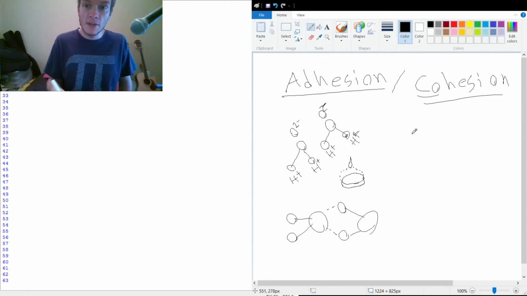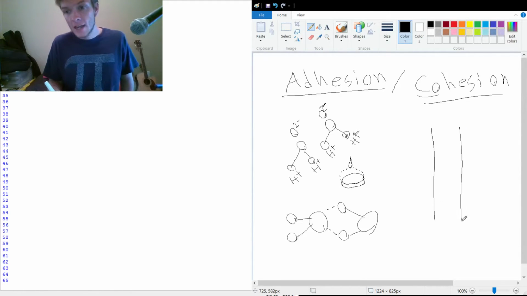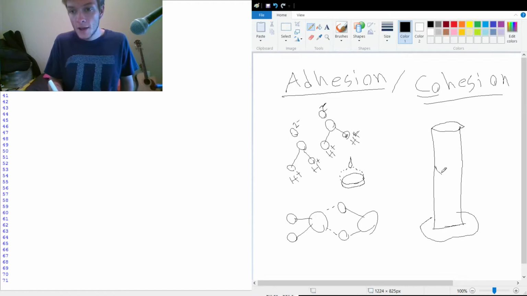And what we usually see of adhesion is if you have a graduated cylinder and you put the water in the graduated cylinder, then you will see that the water makes this kind of shape. And so usually in a science class, they will tell you that you need to read the volume of the water from the bottom of the meniscus. And so that's what this is called.